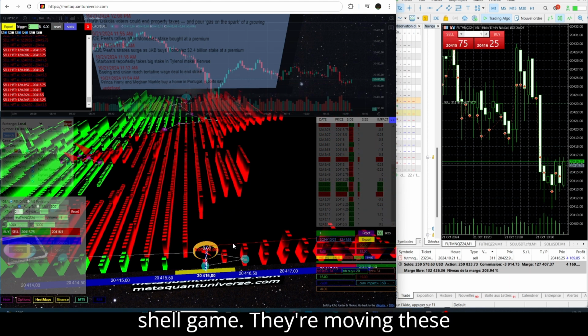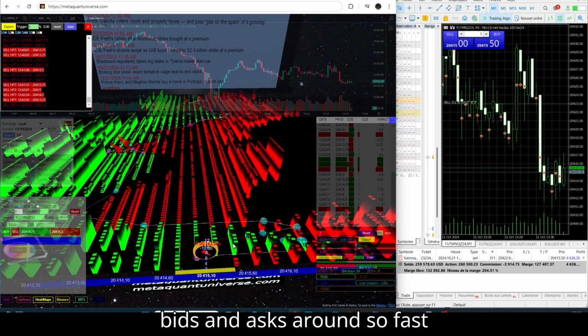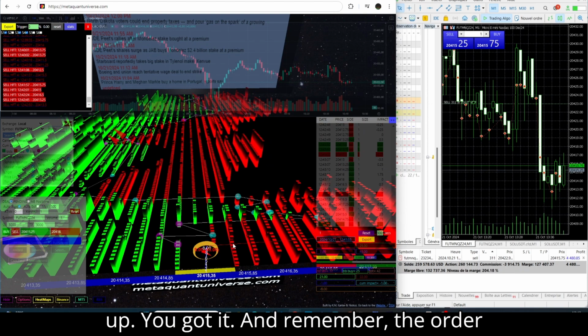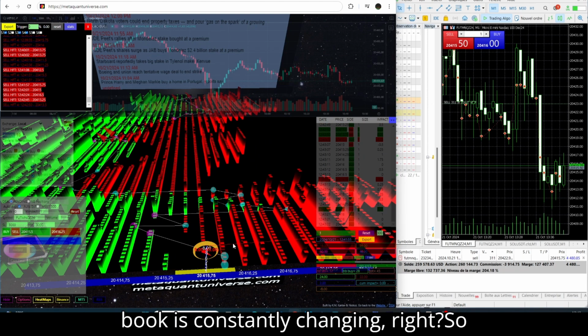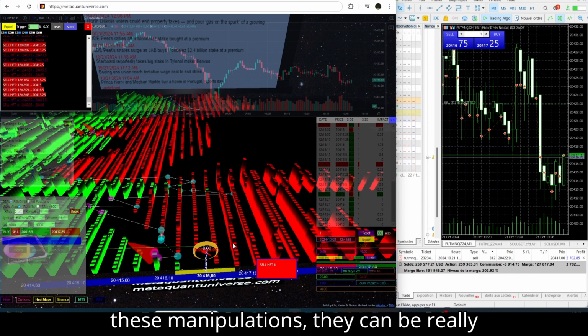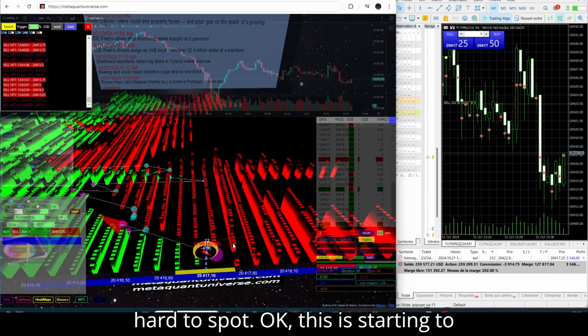So it's like a high-tech shell game. They're moving these bids and asks around so fast that the average trader can't even keep up. You got it. And remember, the order book is constantly changing, so these manipulations can be really subtle and fleeting and hard to spot.